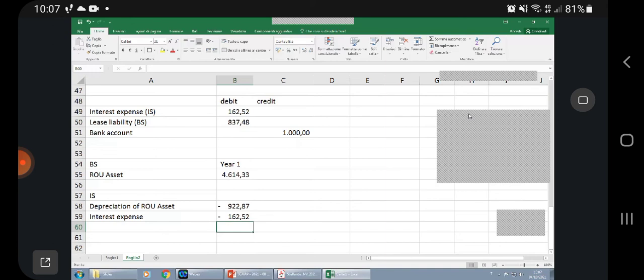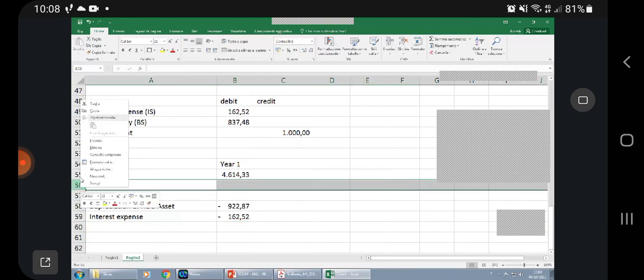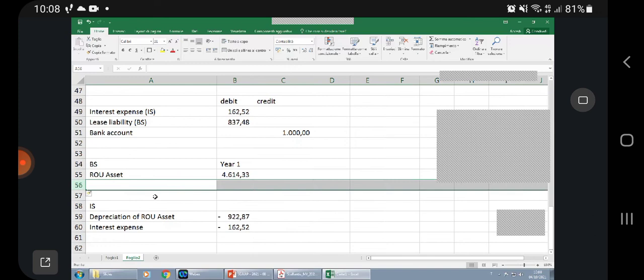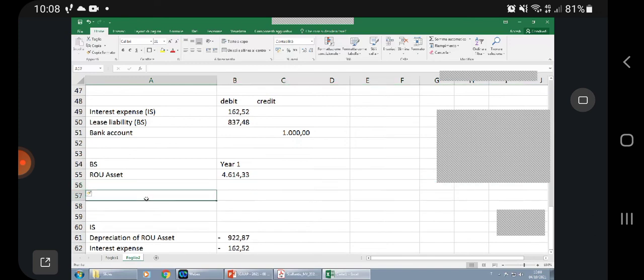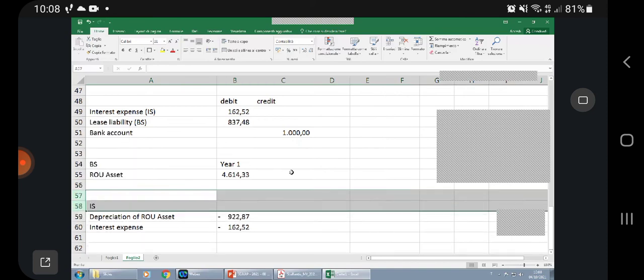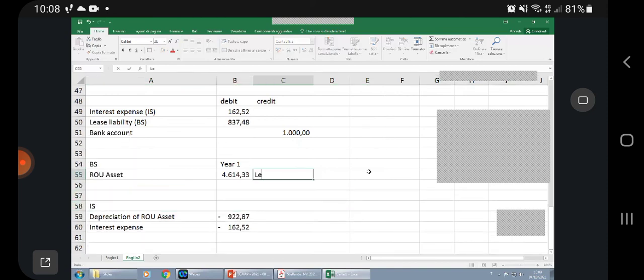How about the liability side? Sorry, I forgot it. So, we have also the liability, thank you. Of course, in the right side of the balance sheet, lease liability.